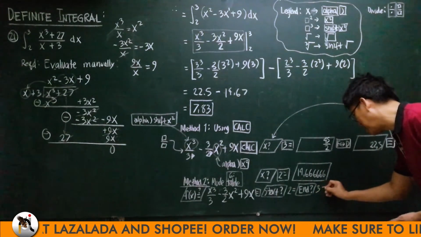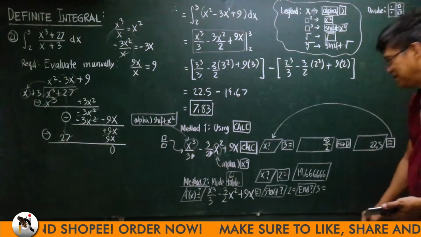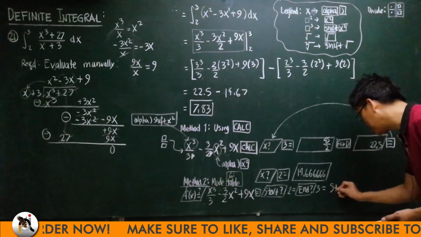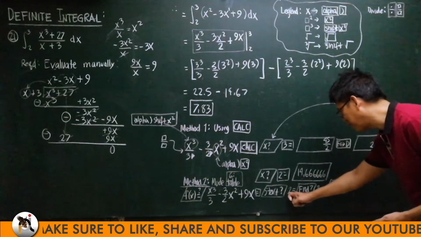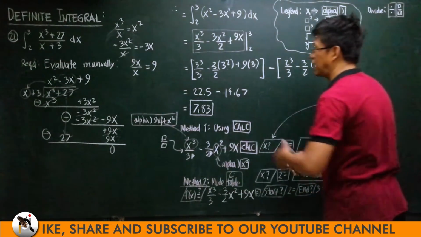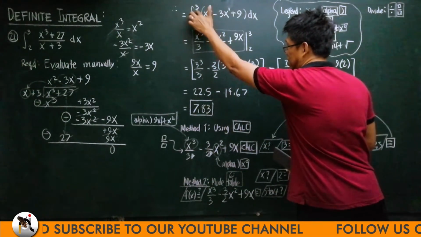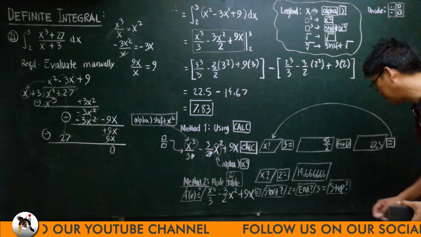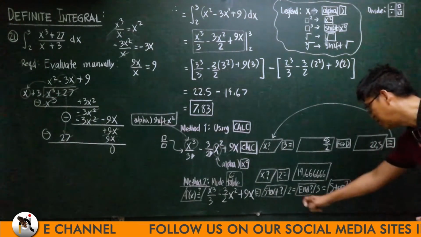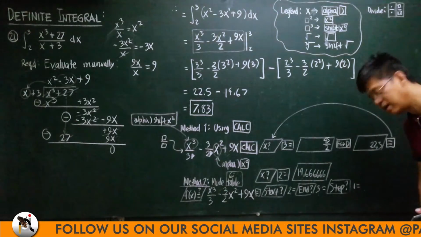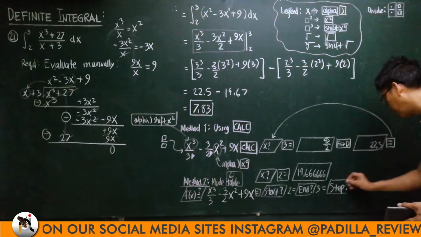Okay? Then press equals. Then your calculator will ask you step. Step is the difference between 2 and 3. We don't want any intermediate value. So we just press 1 equals, so that 2 plus 1 is 3. Okay? So press 1 equals.